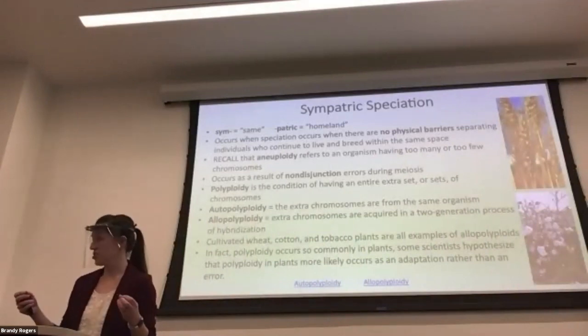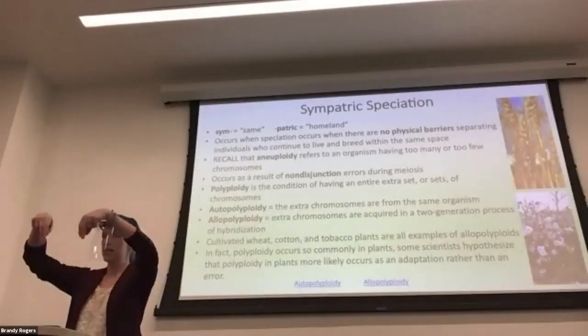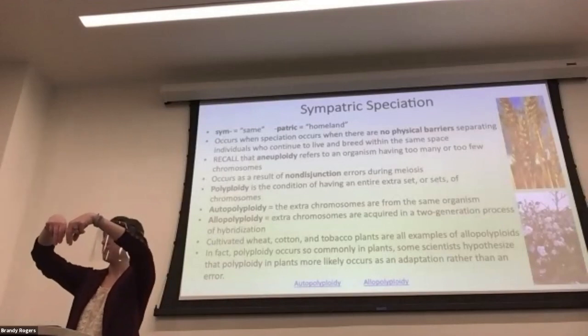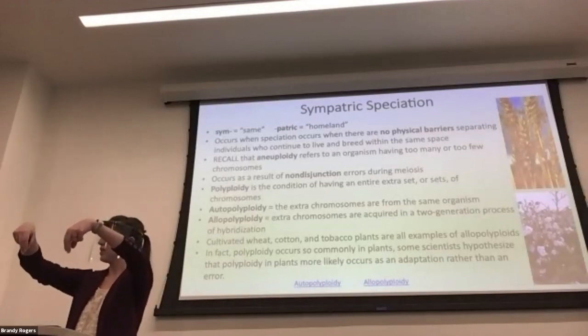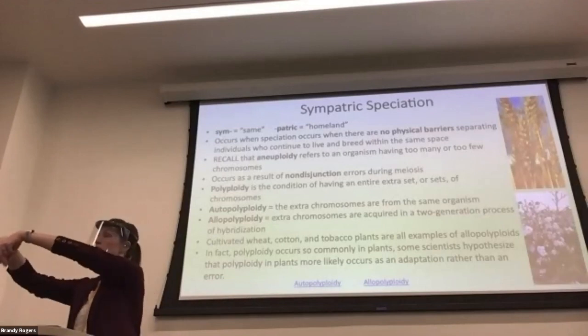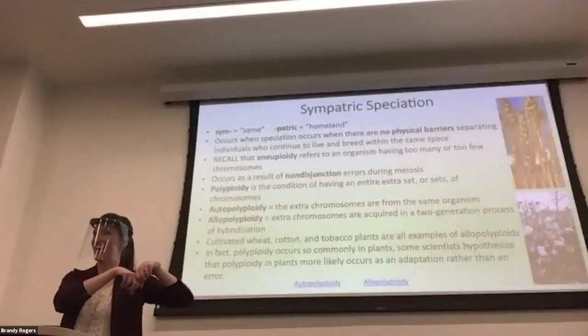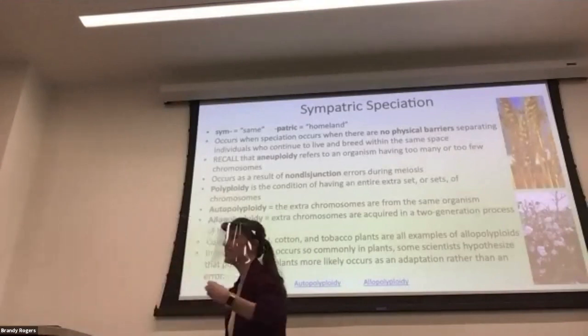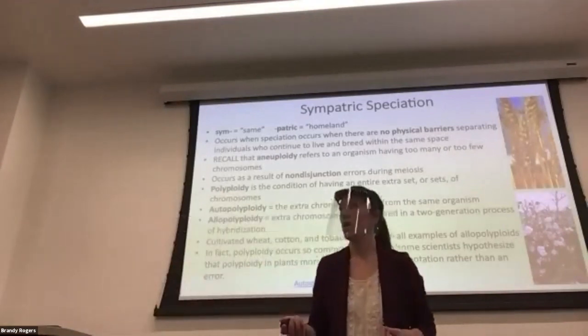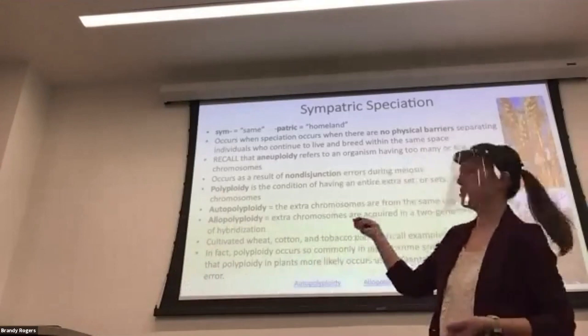You have non-disjunction, so your chromatids or your homologous pairs don't separate correctly, and you end up with too many in one cell and not enough in the other. Does that ring a bell? Kind of? Okay. So non-disjunction errors lead to gametes that have the incorrect number of chromosomes, which is aneuploidy.